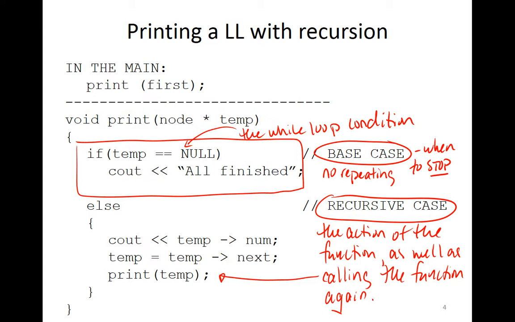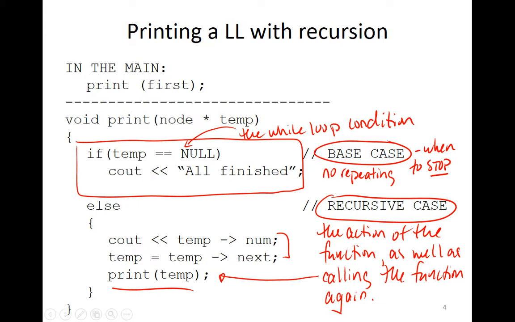Right? So this, of course, repeats. Or in other words, the recursive case or recursive cases are going to say, okay, do something, do whatever the action is that this function is supposed to do, but then call the function again. And again, you will want to make sure that whatever variables or parameter you send gets an update.